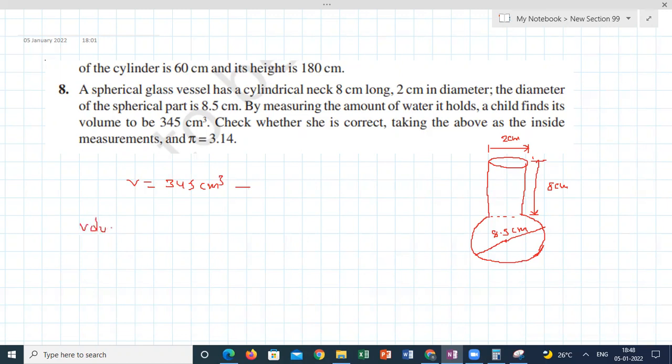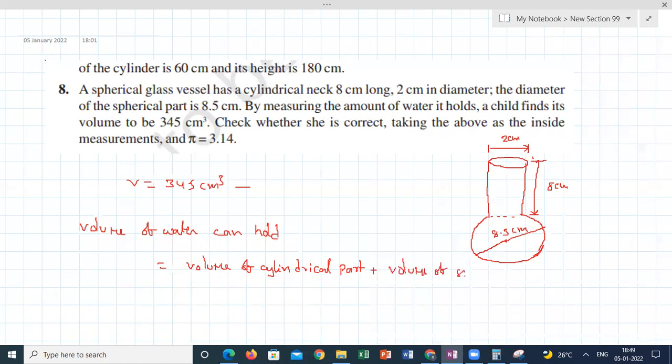So the volume of the water it can hold is equal to the volume of the cylindrical part plus the volume of the sphere part.